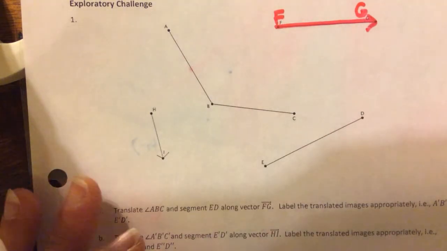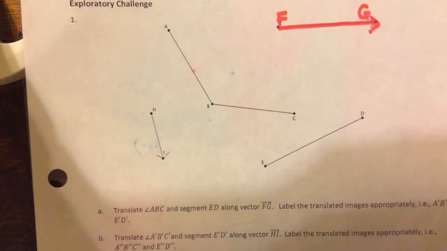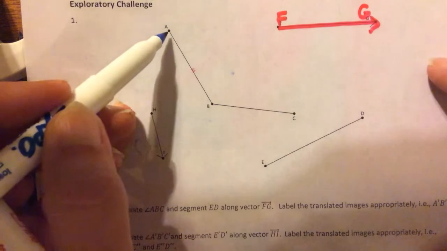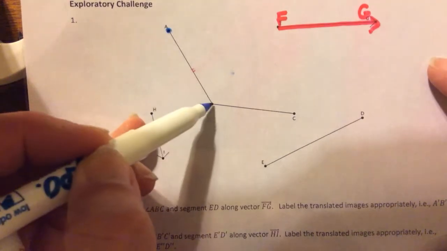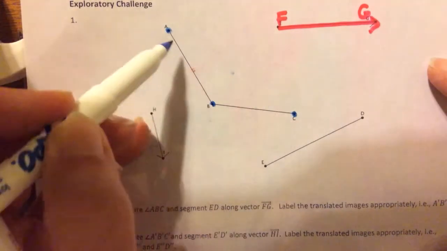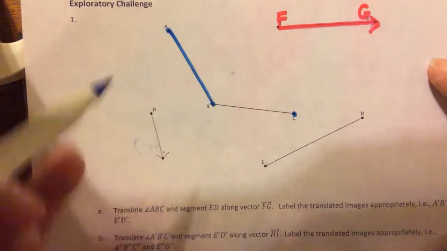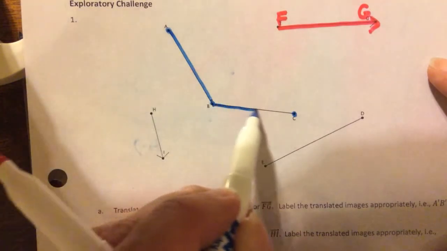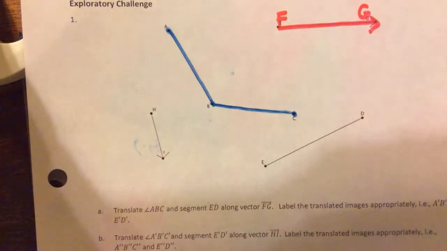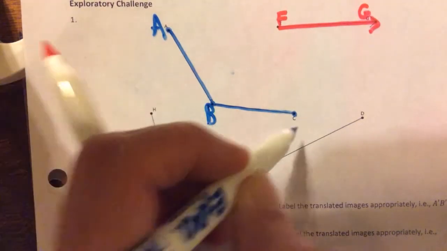And then let's put my figure in a different color, and I've got points A, B, and C, and then segments between them forming an angle. Okay. Go ahead and label these A, B, C.